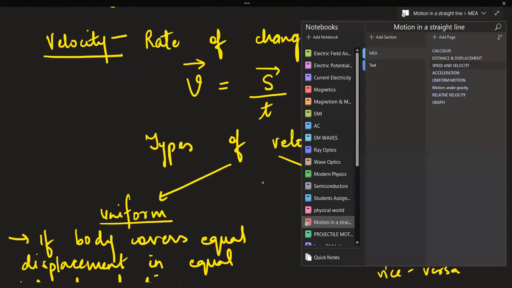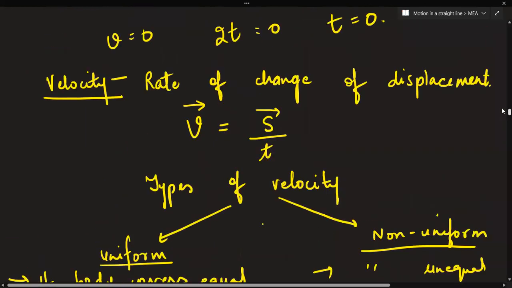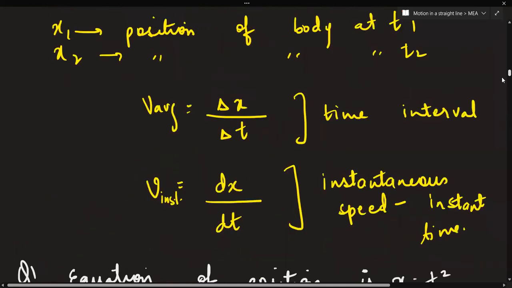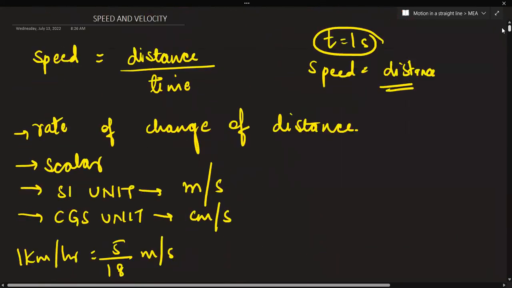Now velocity is important, class. See, when a certain amount of distance is covered in a certain amount of time, let's say 5 meters is covered in 3 seconds, that distance covered per unit time, we call that quantity speed.